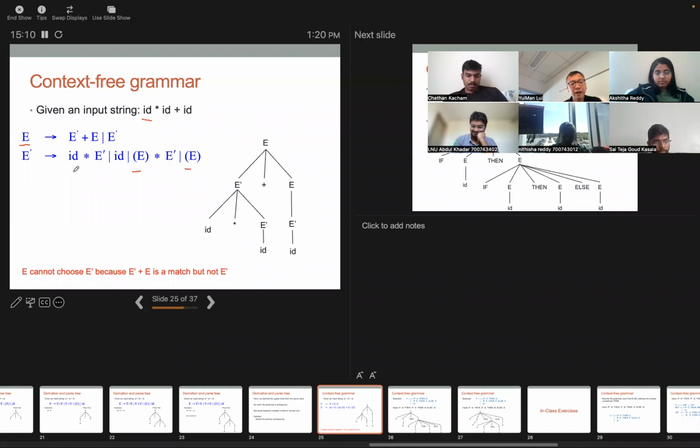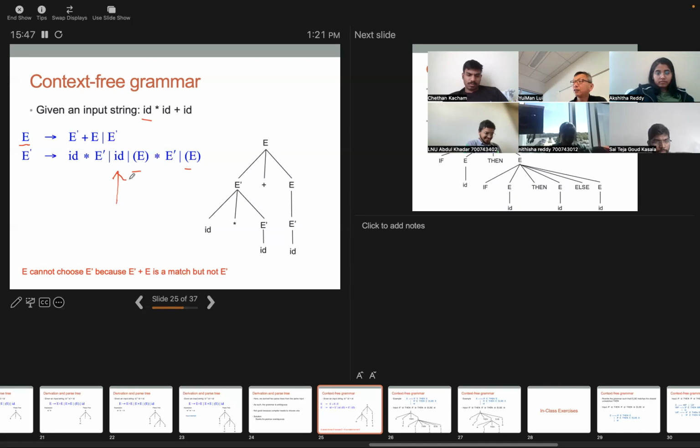So in here, we have ID, and ID times E prime. Both start with ID. If we choose ID here, then it's going to be ID plus E, and we cannot choose any other derivation to match this input.